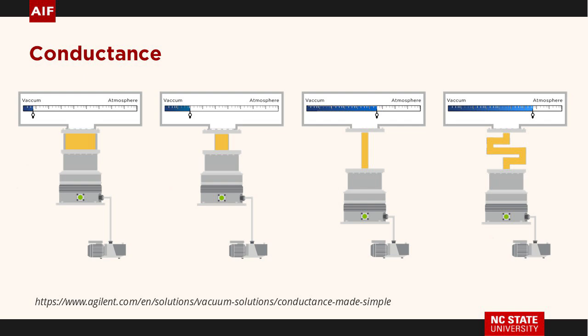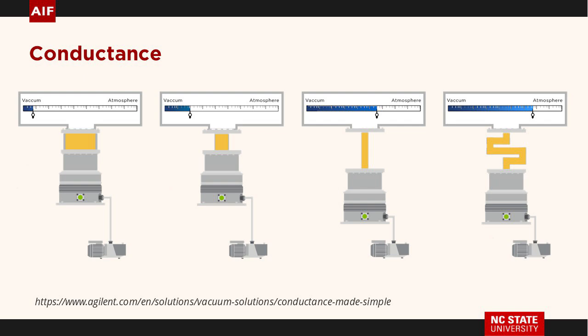So let's take some examples of conductance. Here we've got a large throat, easy to pump, and your vacuum is good. Hey, we need spell checker on this. And then this one's narrower. The vacuum's not as good. This one's even narrower. The vacuum's poor. This one is convoluted, and the vacuum is worse.